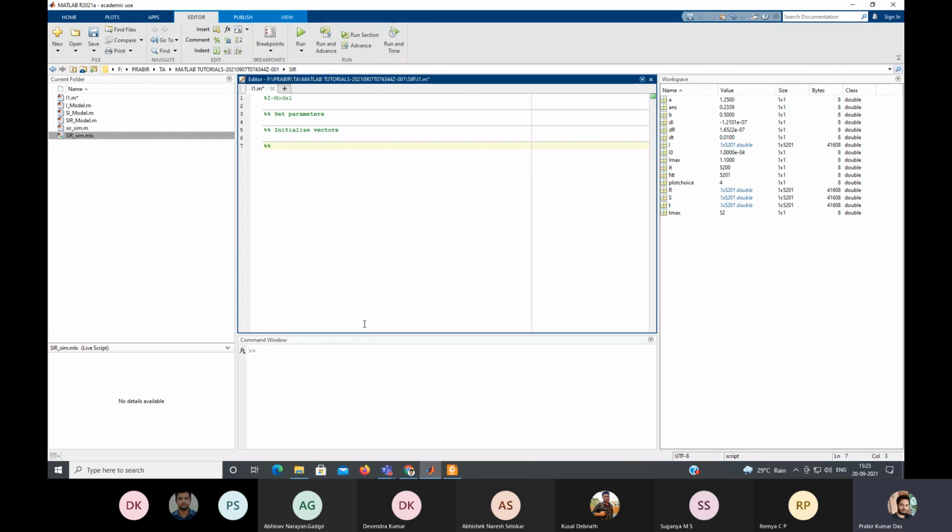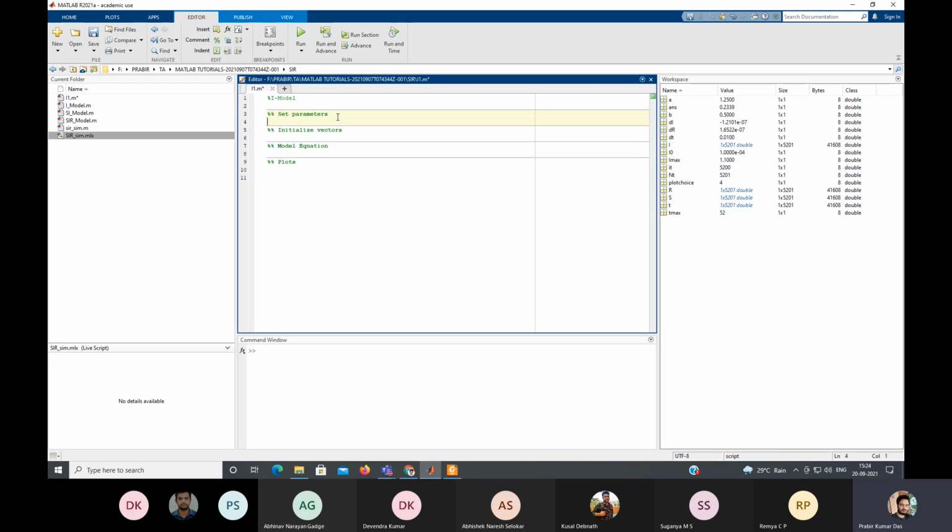We have to build our equation. We will plot our result. So in this code part, we will try to do our coding.